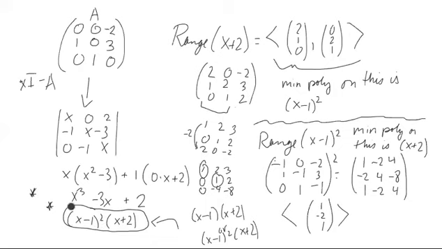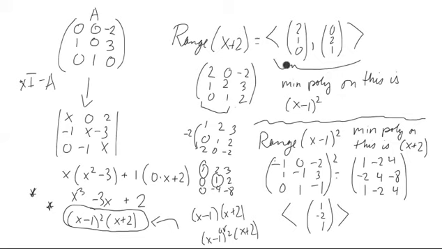The range of x minus 1 squared is going to be a subspace whose minimal polynomial is x plus 2. Okay, so in particular, if we compute the range, the minimal polynomial on this is x minus 1 quantity squared.